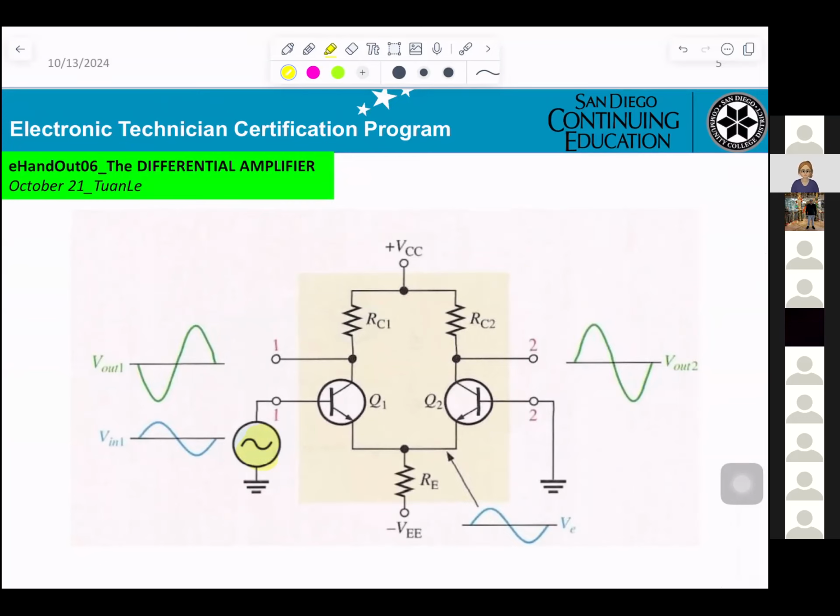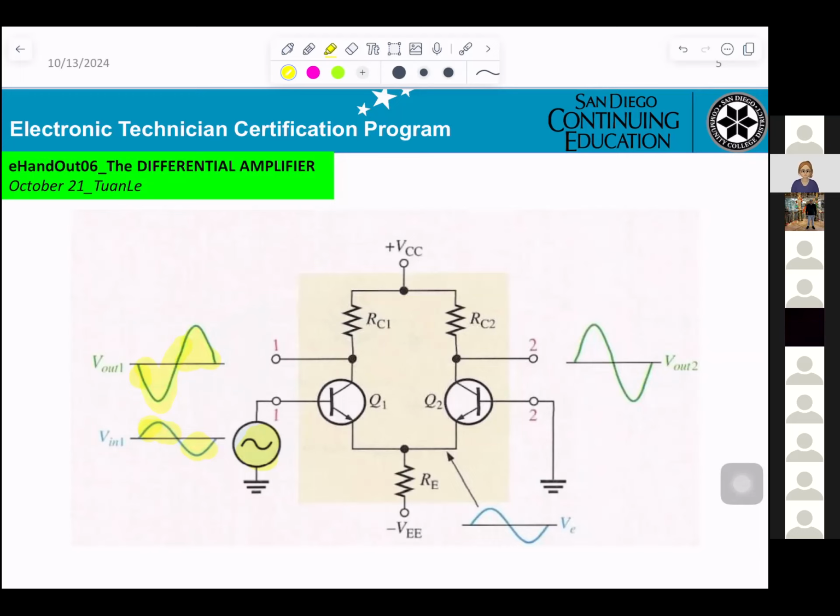So the input is here, applied to the base of Q1, and the output is here, from the collector of Q1, common emitter. So input and output are 180 degrees out of phase.